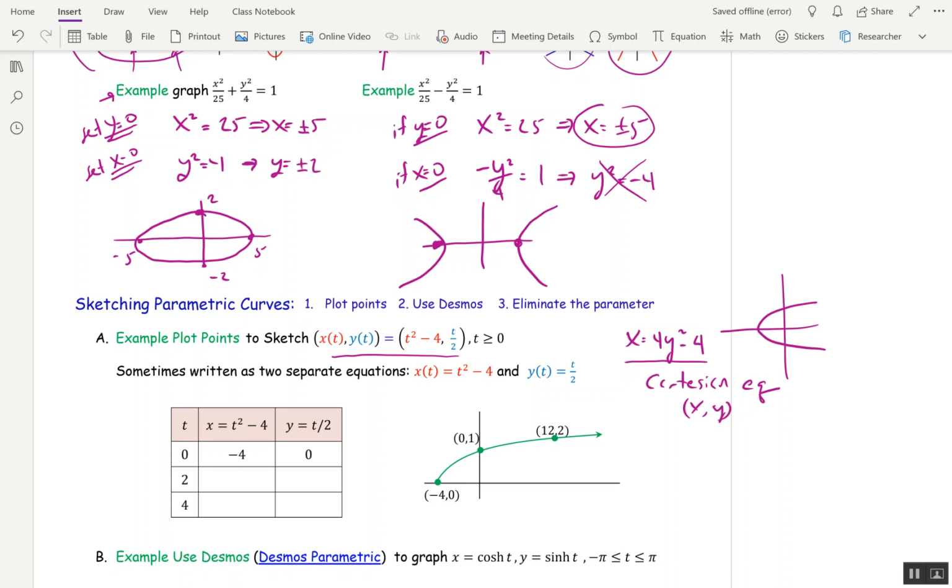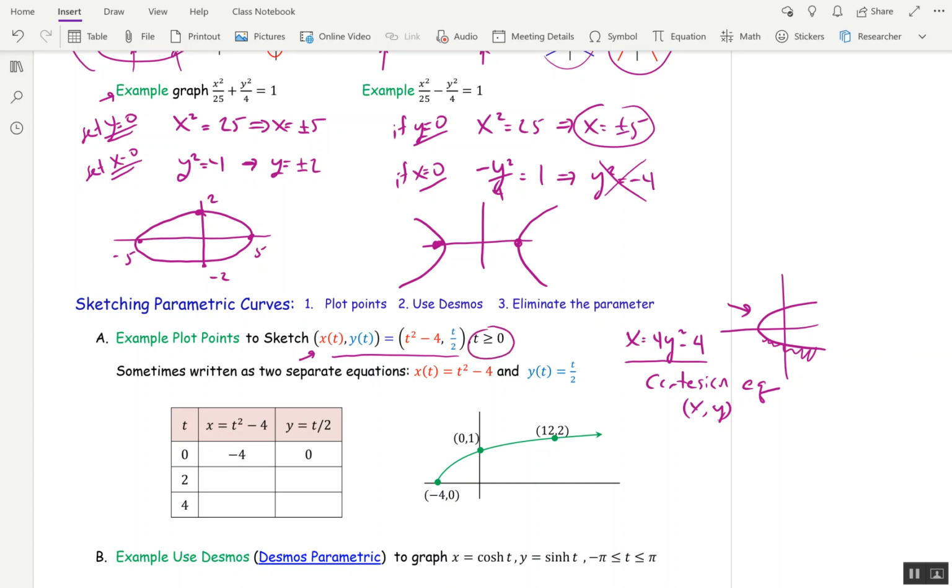The advantage of having a parametric curve like the one we have here is that you can describe a direction. As t goes from 0 to infinity, you can say, I want to follow this curve, but in a certain direction. And if you don't want all of the curve, you can make restrictions on t, like saying, I just want t to be greater than or equal to 0.